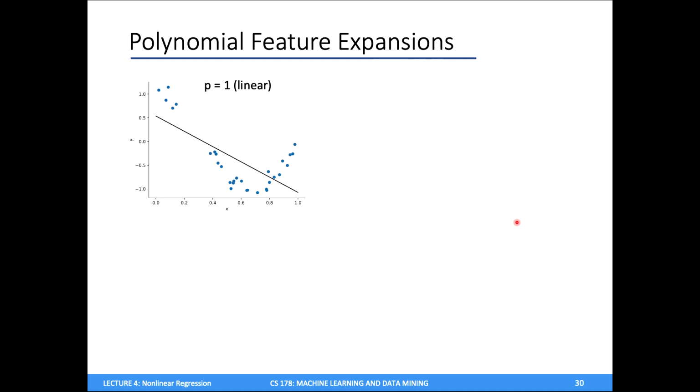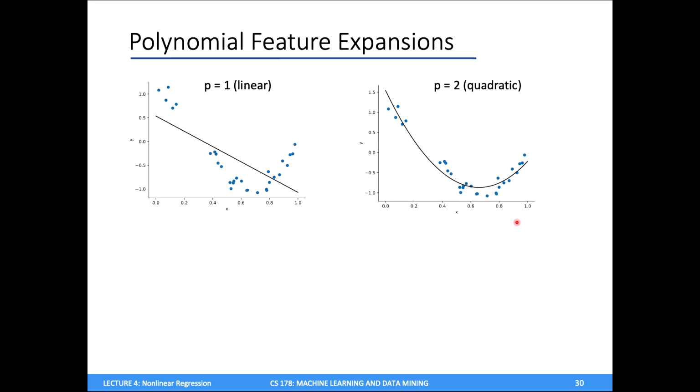Let's look at some examples of what polynomial regression looks like on the data set I showed you before. p equals 1 is our linear regression model that we've already seen. It doesn't fit our data very well. If we fit a parabola to our data, we're doing quadratic regression, and visually this looks pretty good. If we go up to a 5th degree polynomial, it looks even better.